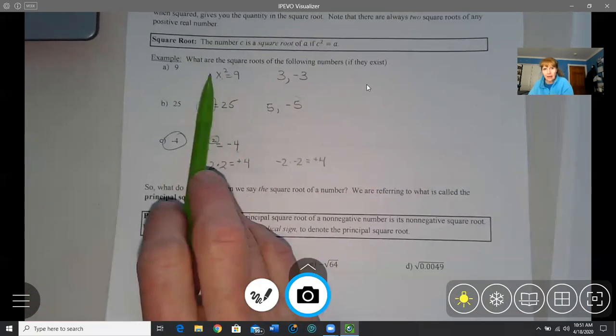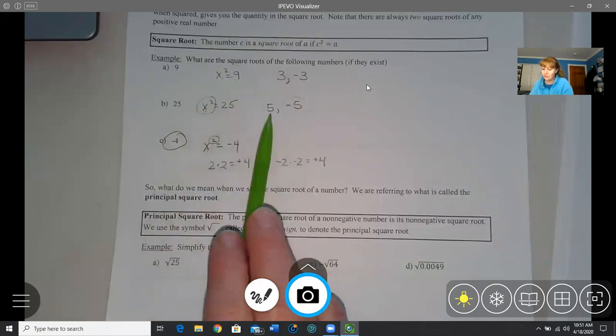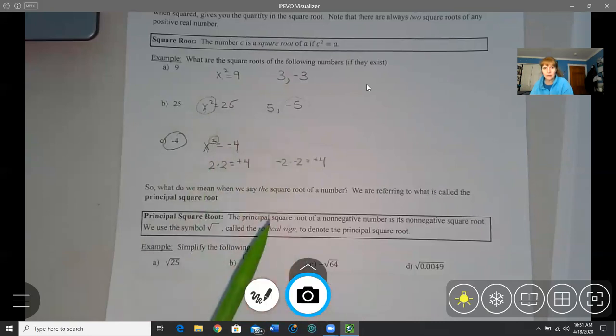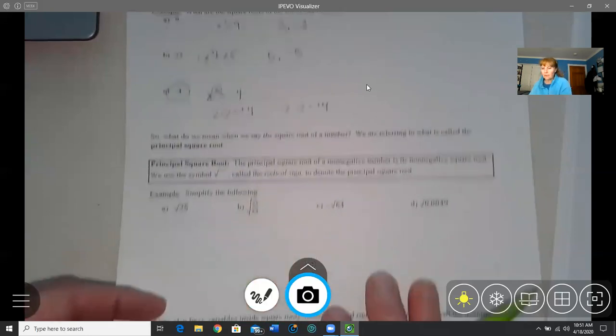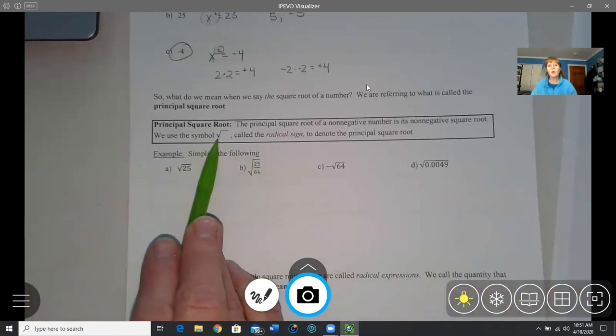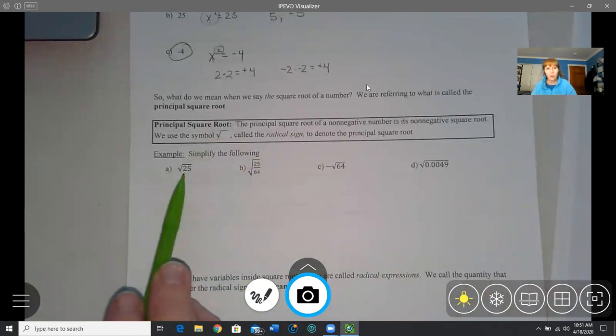So if they say to find the square roots without that symbol, you're going to have 5 and a negative 5. You're actually solving this equation here. But if you start using this radical symbol here, you know you're only going to find the positive one. So what comes out of this has to be positive. All right, so let's look at the square root of 25.